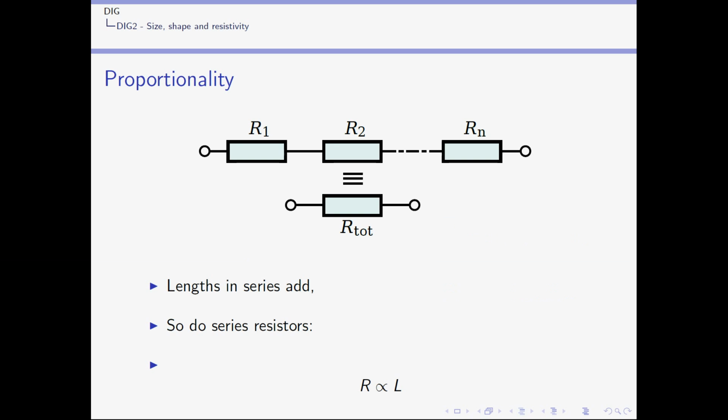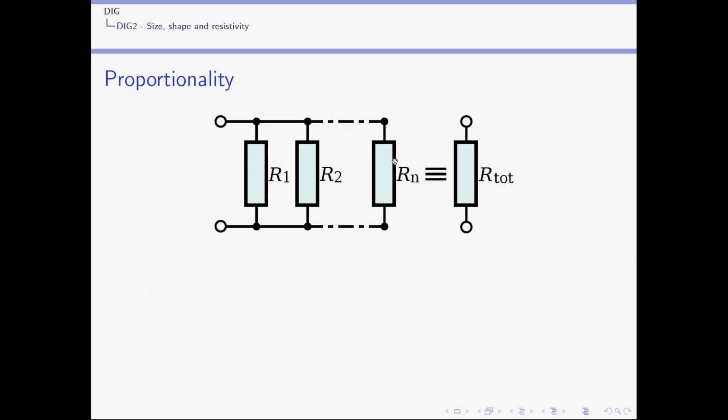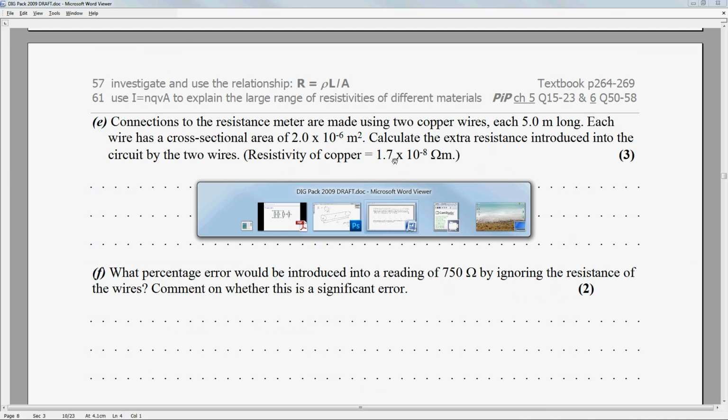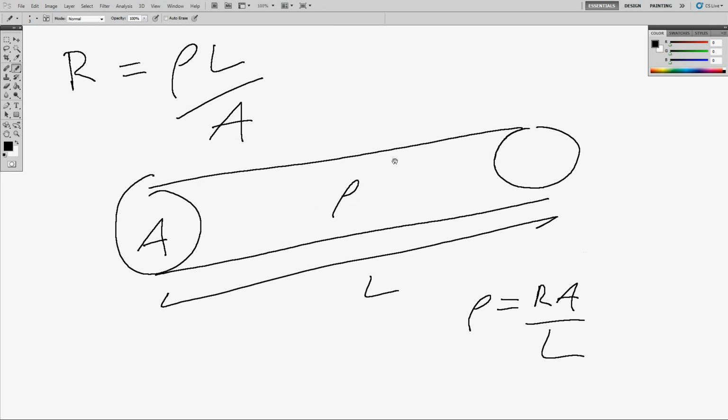When we're looking in parallel, we can imagine something slightly different, where rather than having our portions of material tacked on end on end, so this one, then one over here, one back over here, what we do is we've lined them up in parallel. Now the lengths are all the same, but the total cross-sectional area is going to increase.